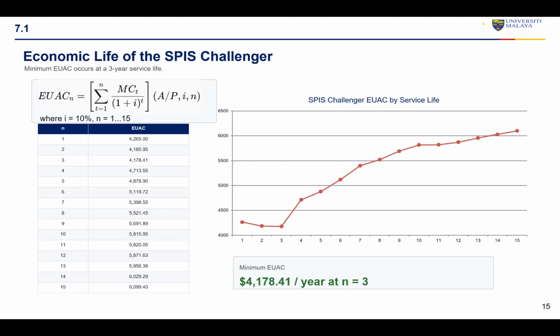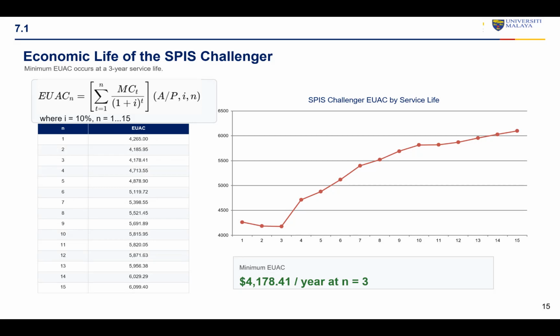The economic life of the SPIS challenger is evaluated using equivalent uniform annual cost based on the given marginal cost. The minimum EUAC is $4,178.41 per year, occurring at the service life of 3 years.